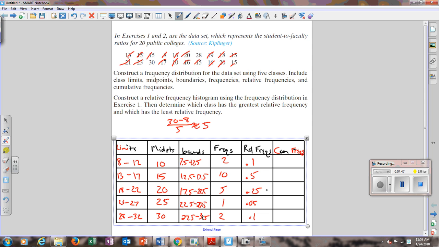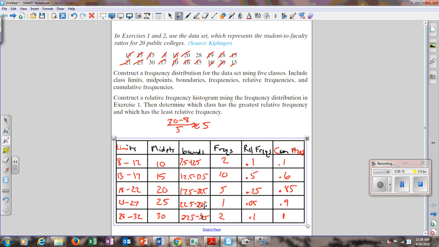So those are all the relative frequencies. And to find the cumulative frequencies, we just add them up. So it's 0.1, there's 0.6, it's 0.85, and 0.9, and then 1. So that's it for that table.